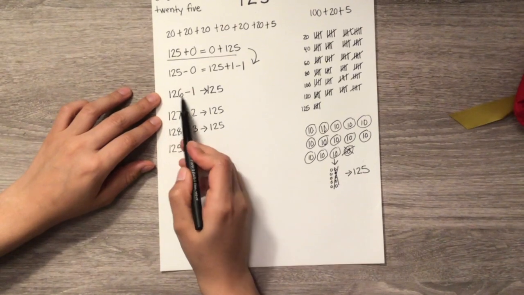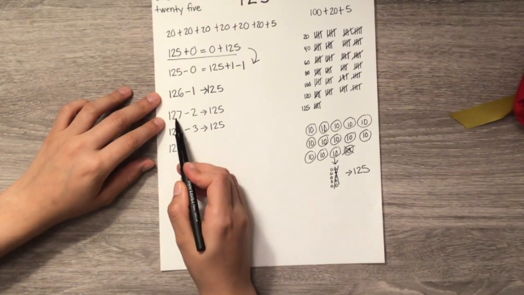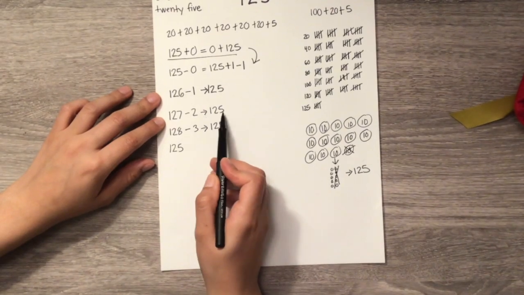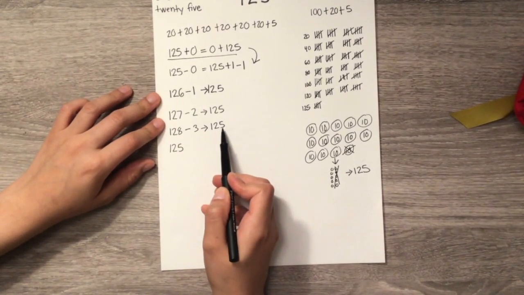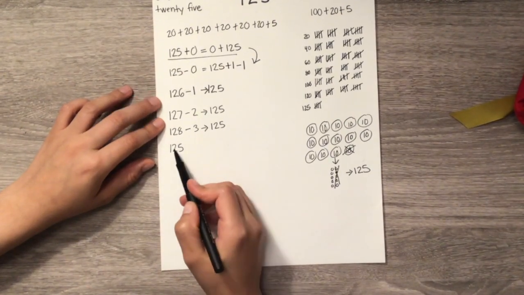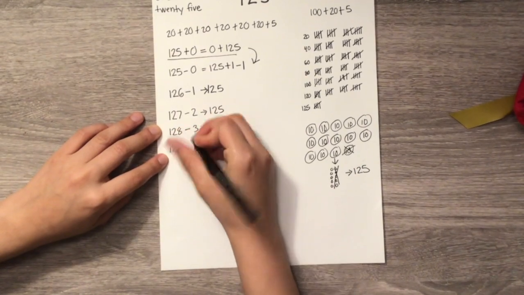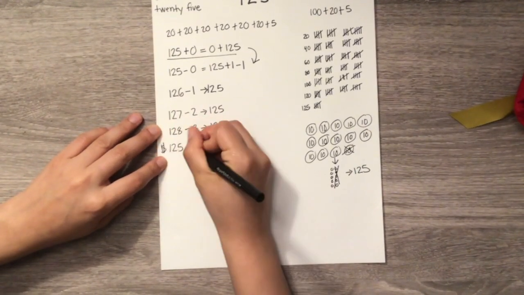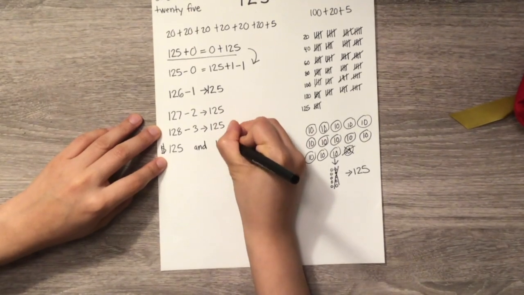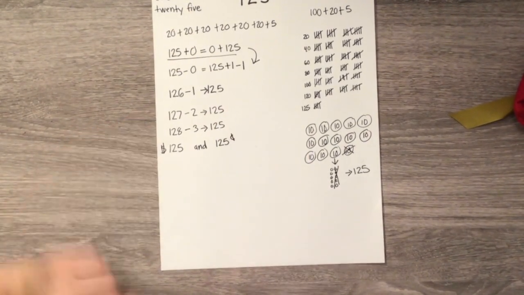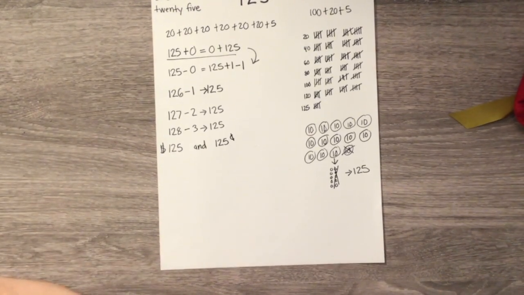So 126 take away 1 leads to 125, 127 take away 2 leads to 125, 128 take away 3 leads to 125, and then right here I was just going to put $125 and 125 cents, just because we were starting to get into money before we went into quarantine.